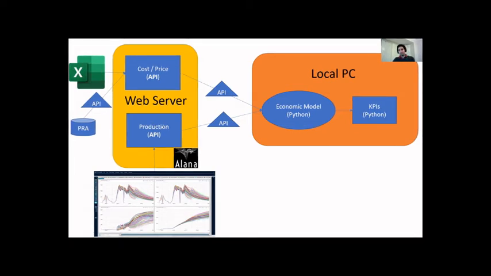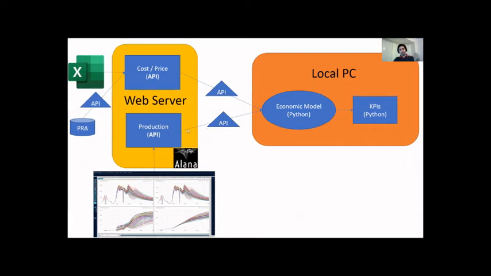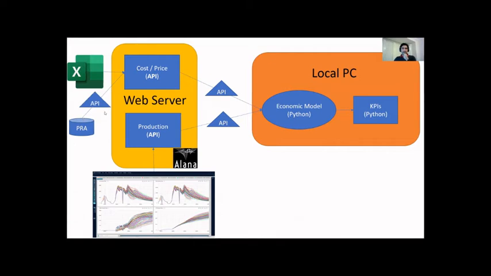The web server is built completely in Python, and we can generate APIs that are almost like connectors that allow us to serve the data from the Python web server remotely to anywhere we want. We can also feed the data to the web server from Excel or from external databases to other APIs.